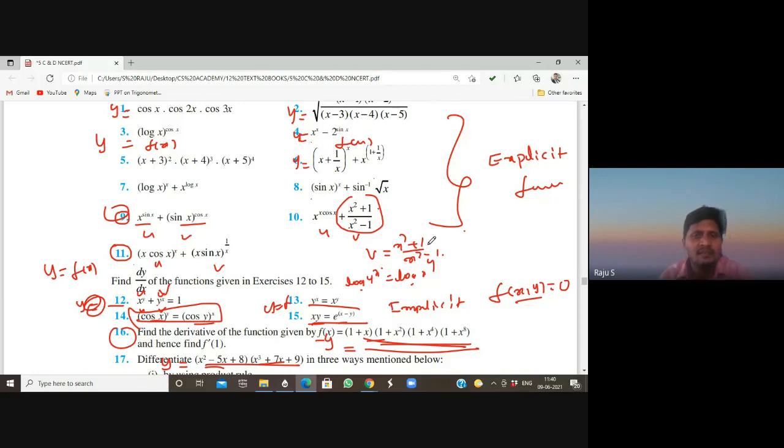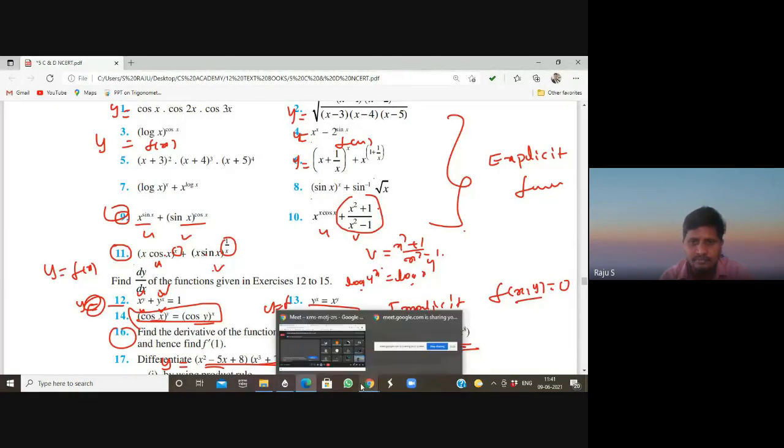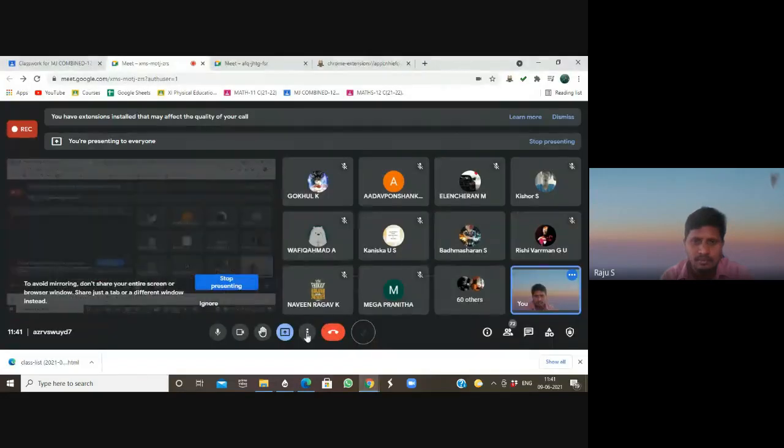If you take log, it will become easy. Or you can apply the u by v formula also, no problem. But for the remaining one, here u must be applied log, because it is a power function. Right, students? Yes, sir.